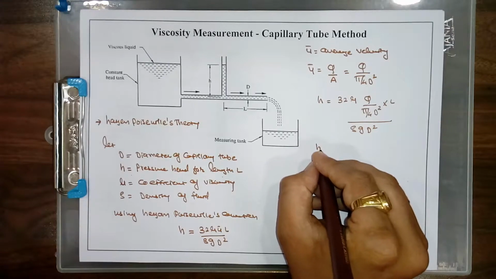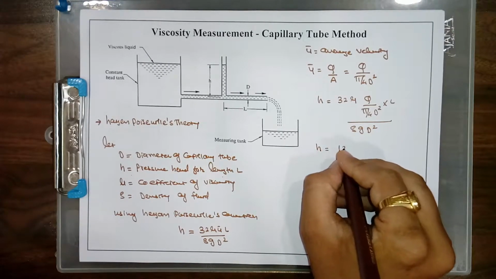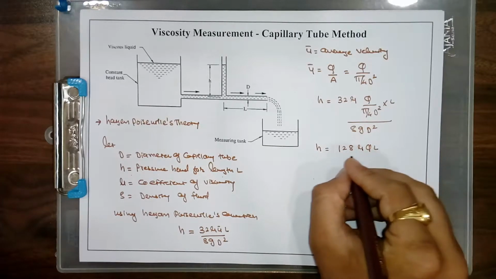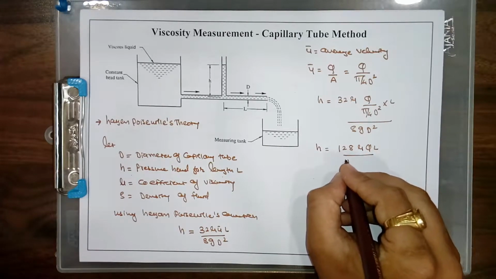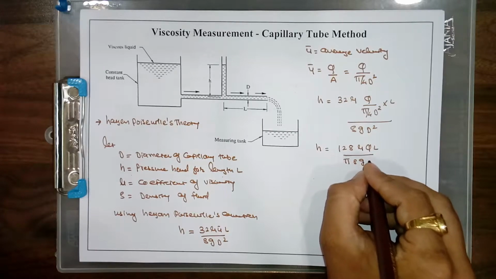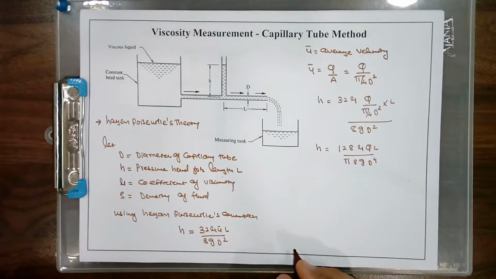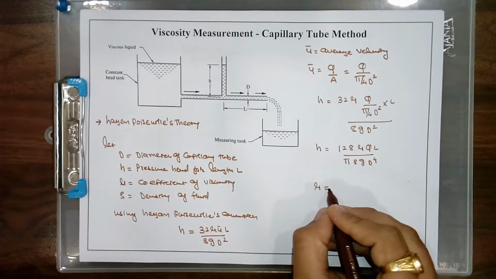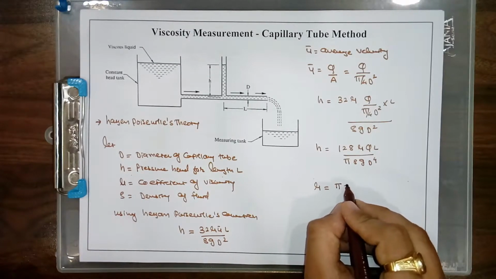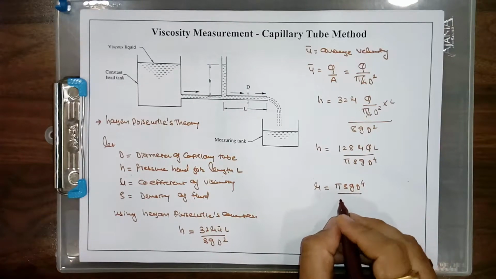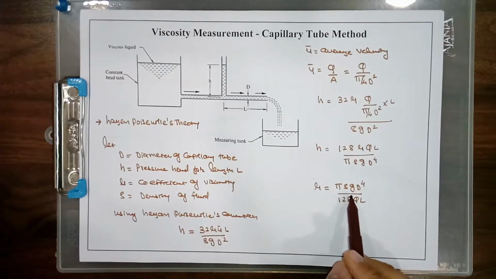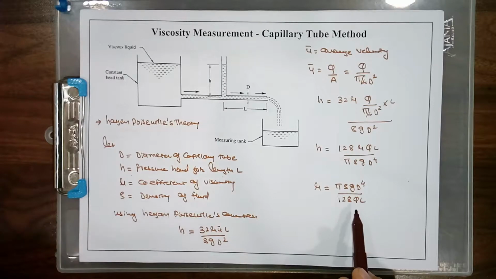So finally we get h equals 128 mu Q L divided by pi rho g d to the power 4. Now we make mu the subject of this expression, so we get mu equals pi rho g d to the power 4 h divided by 128 Q L.